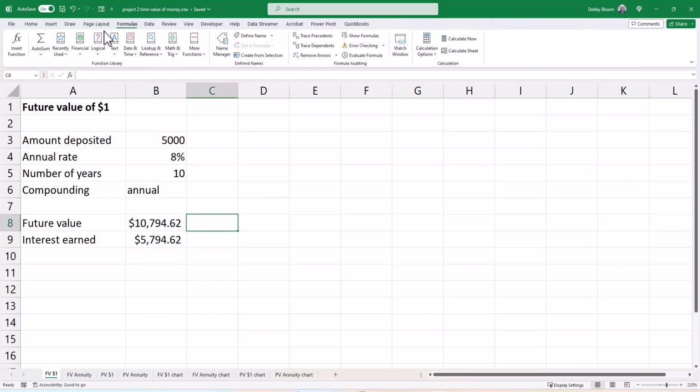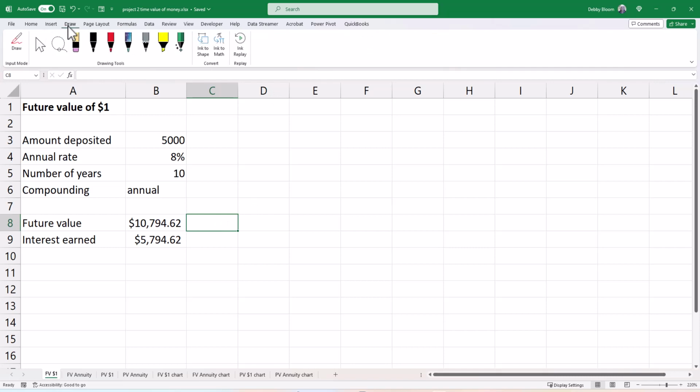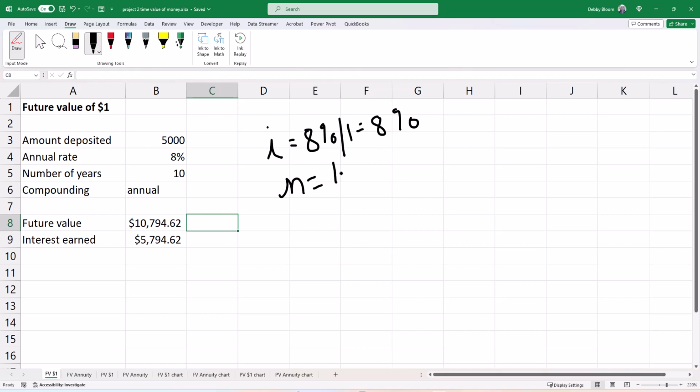Now, if you wanted to solve this using the interest charts, we have to calculate our I. Our I, in this case, is 8% divided by 1, which is 8%. Our N is 10 years multiplied by 1 compounding per year, which is 10.